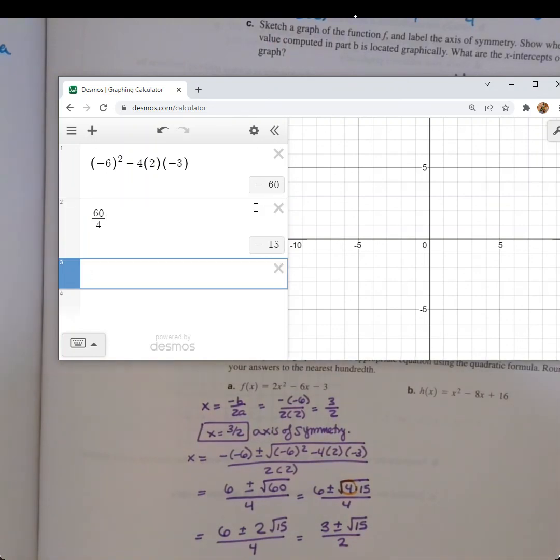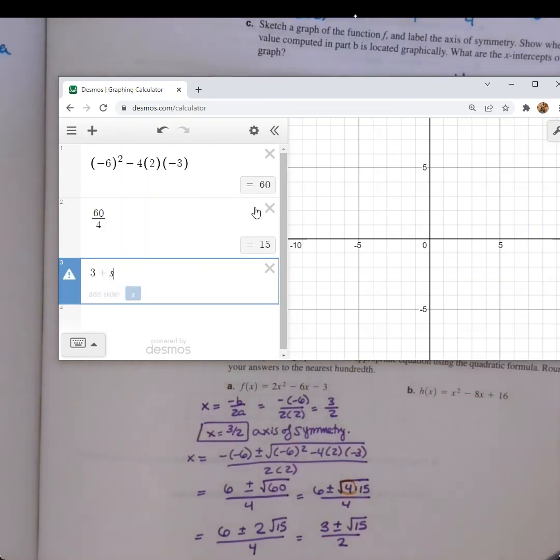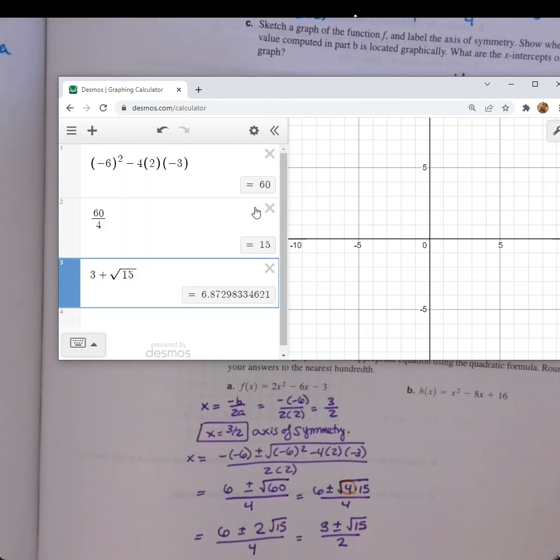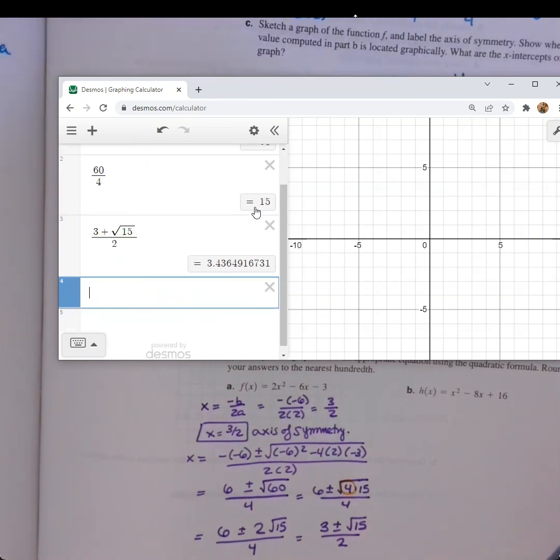And we will have 3 plus the square root of 15. I should have made my fraction first. 3 plus the square root of 15 over 2.